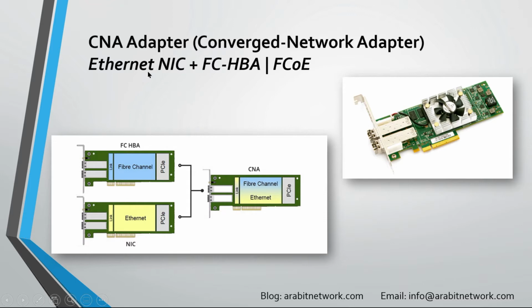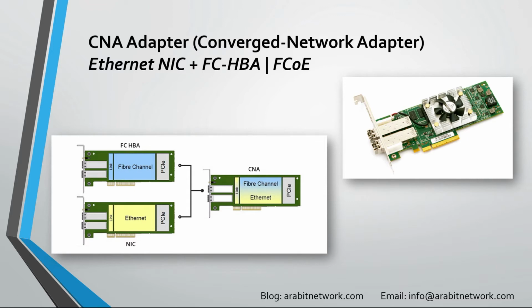The CNA is a physical card similar to the Fiber Channel HBA. You can't differentiate them unless you read the details written on the stickers. It's similar to a Fiber Channel Ethernet card or to a Fiber Channel host bus adapter for storage.